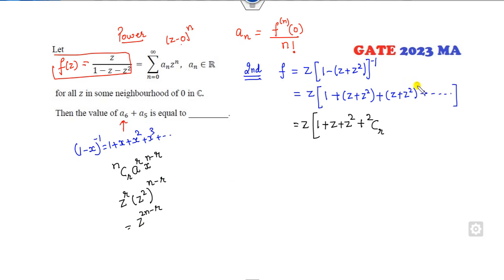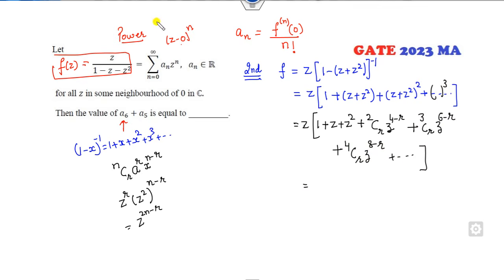Here n is 2, so it is z raised to power 4 minus r. Similarly, the next part is the cube, so it is 3Cr z raised to power 6 minus r. Similarly, z raised to power 8 minus r and so on.